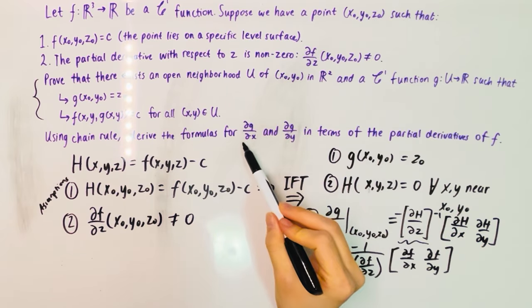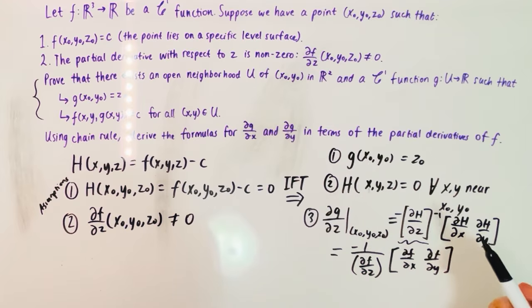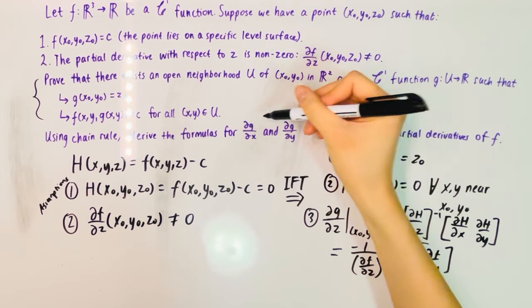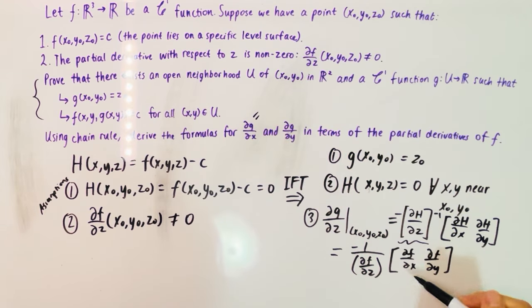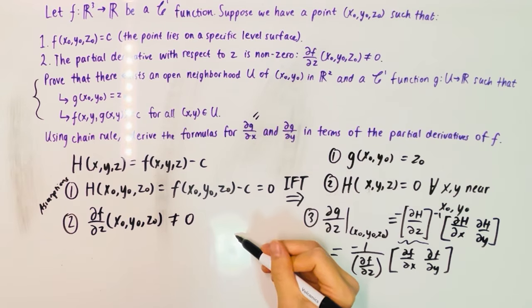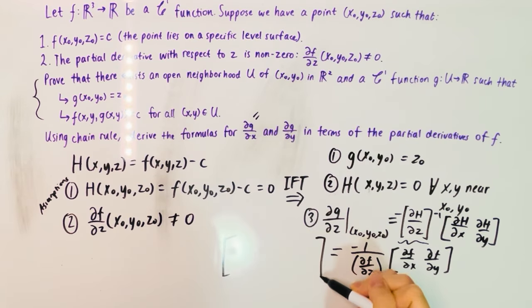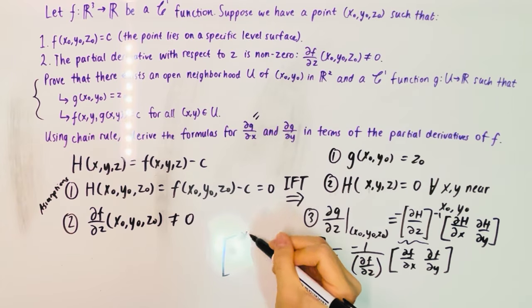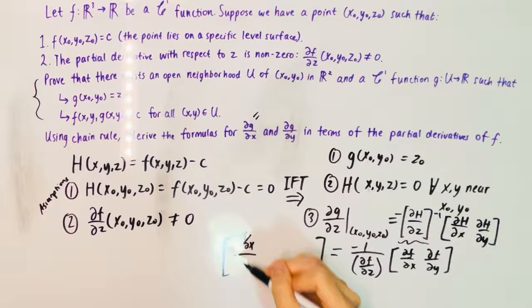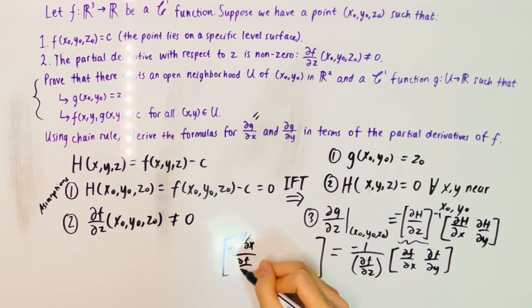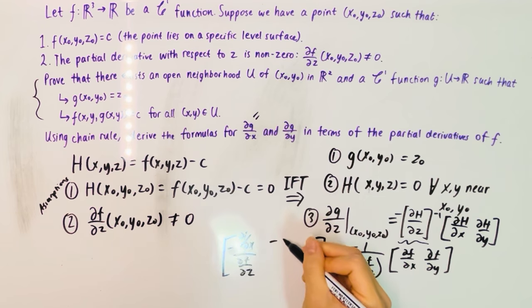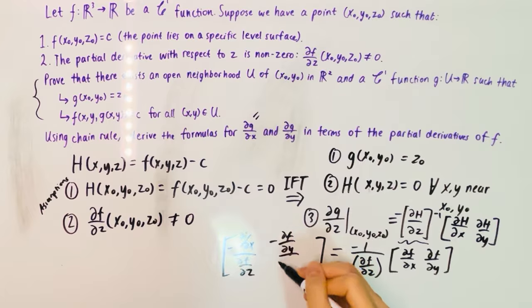All right, so now we can see easily that the gradient of g is equal to negative df dx over df dz, negative df dy over df dz.